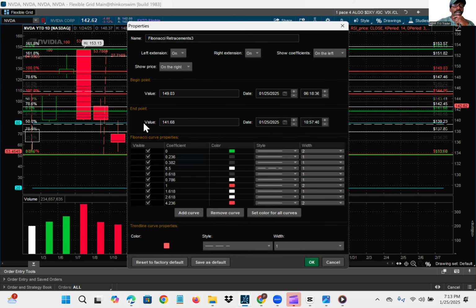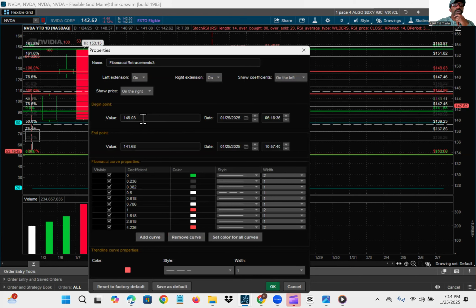The high was 148.97 and the low 141.88. That was on my daily.